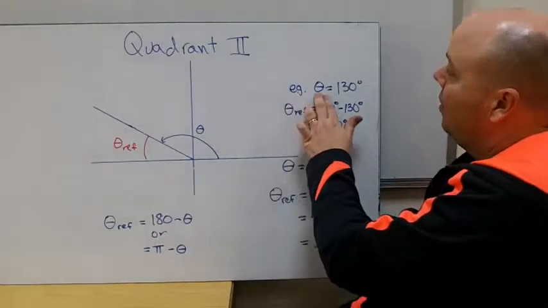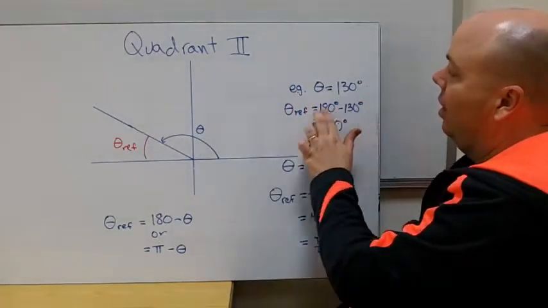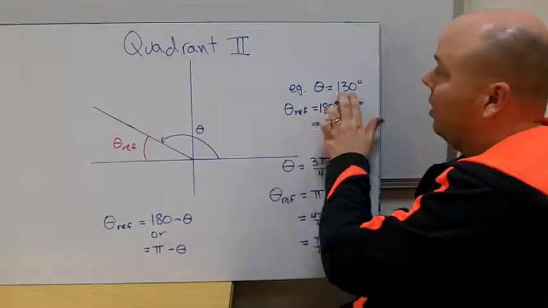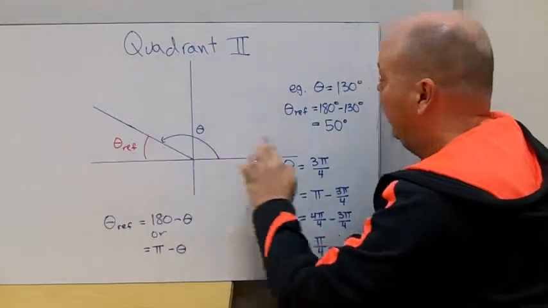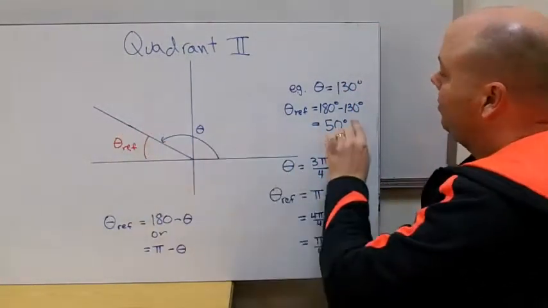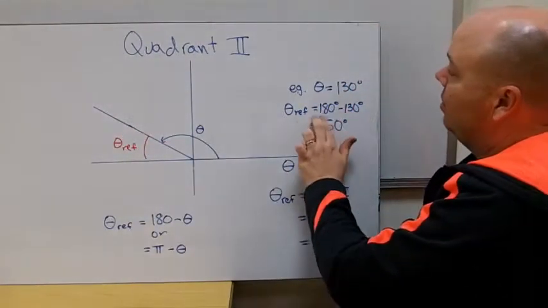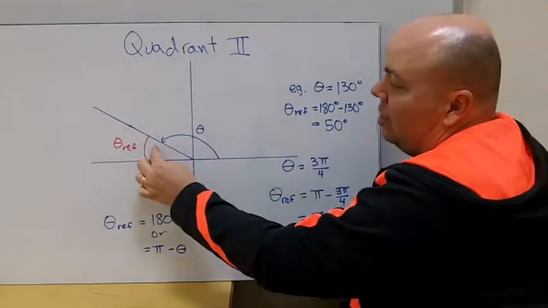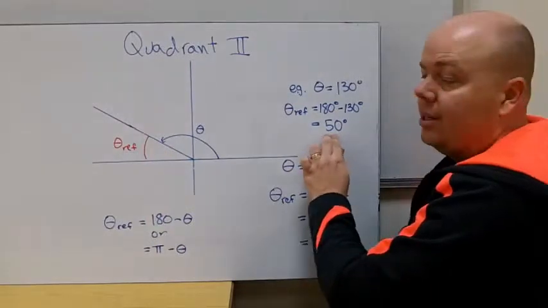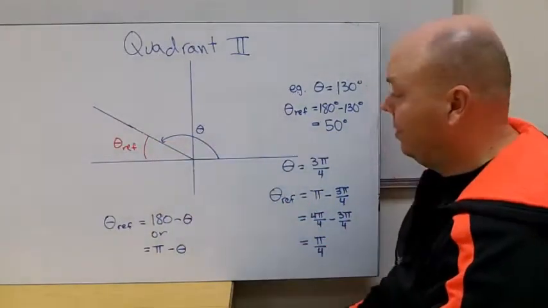For example, if your angle is 130 degrees, 130 degrees is in the second quadrant, it's greater than 90 and less than 180. Theta reference is equal to 180 degrees minus theta, which is 50 degrees. So this angle here would be 50 degrees if this is 130 degrees.